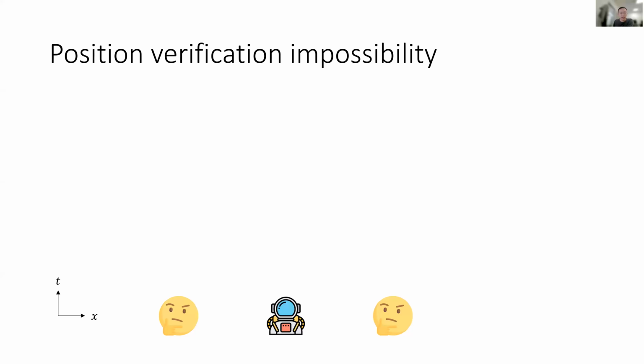So in general, let's say there is a prover and there are two verifiers, without loss of generality. And the prover wants to convince the verifiers that he is at this certain location. Without loss of generality, we can assume that the protocol looks something like this. The verifier on the left is going to send some message M0. And the verifier on the right is also going to send another message M1.